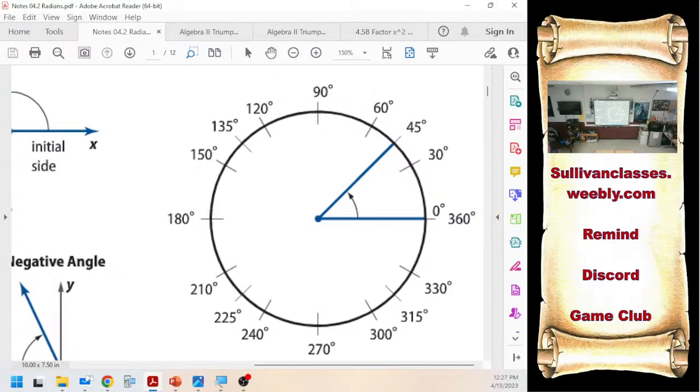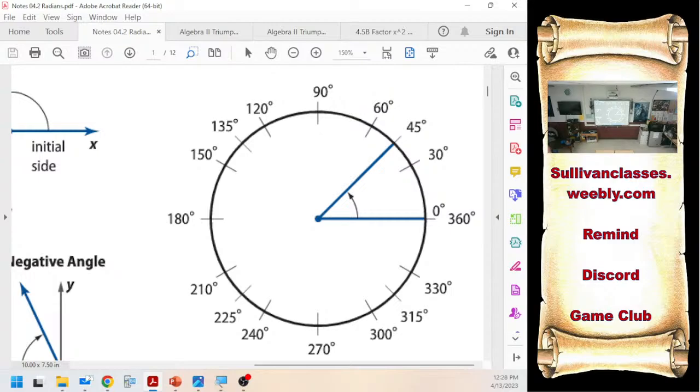Or what could you count by? They're all in increments of 15 or 30 degrees. Specifically, what's 15 plus 30? 45. I'm talking about 30, 45, 60.